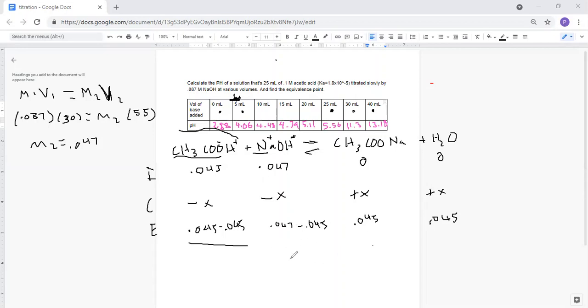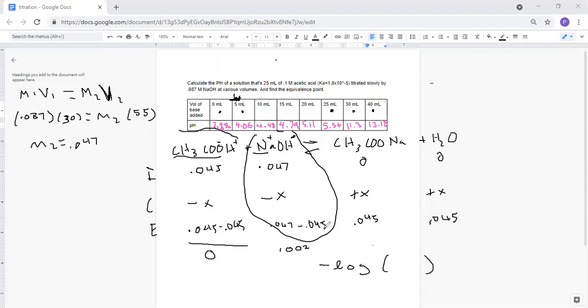We can just go ahead and take the negative log of our leftover base, which is right here. Because we're going to have 0 acid, but we're going to have 0.002 left over of this base.